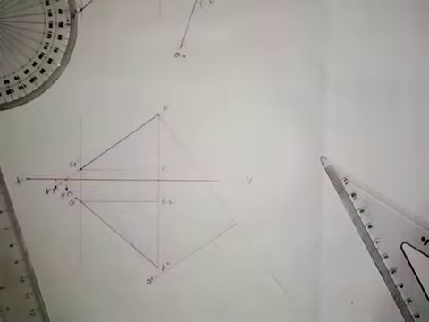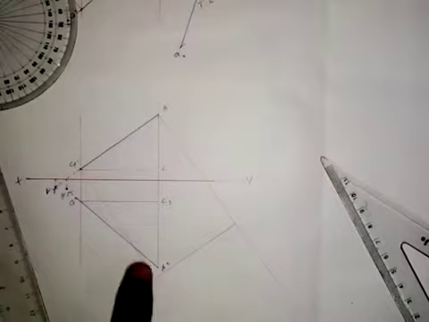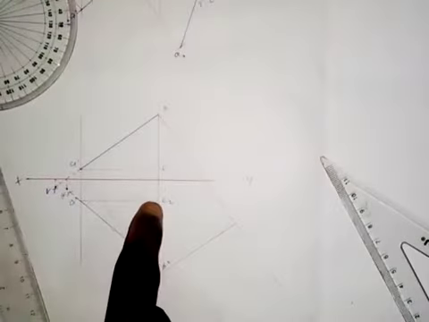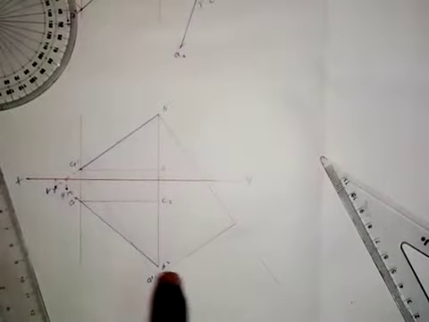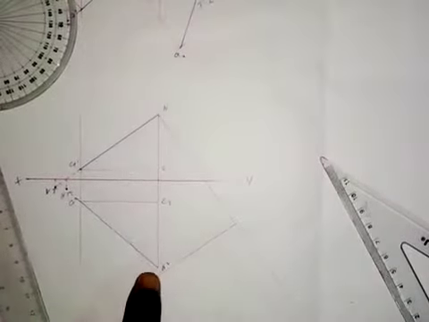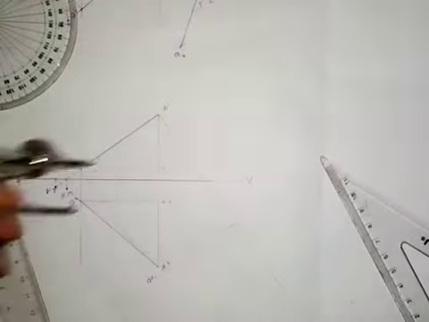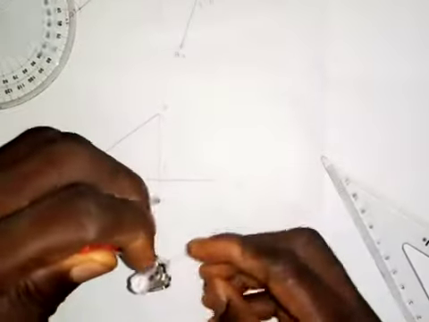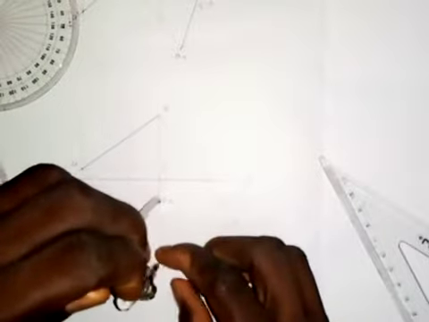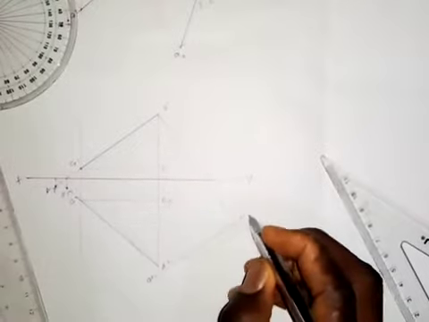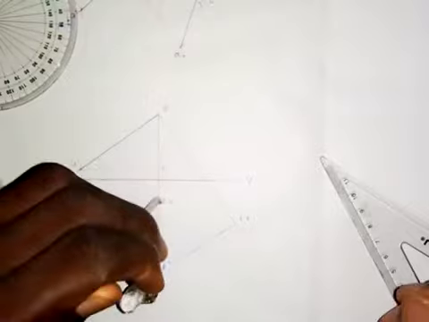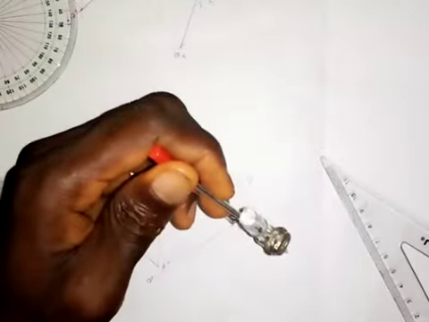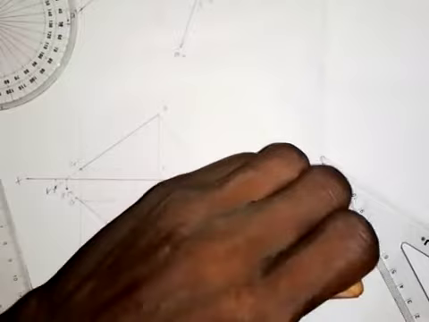The next thing I'm going to do is take distance B2C2 in the plan, because we want to draw the auxiliary plan, which is going to be the true length of this line. I will take distance B2C2 like this, and actually this point will be point C3. I will put it at C3 here and make an arc here like this.